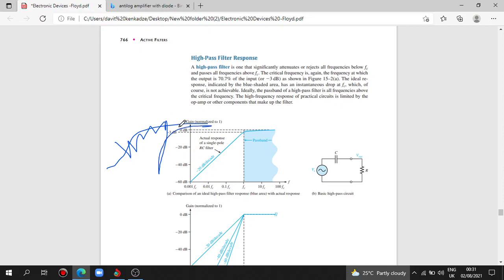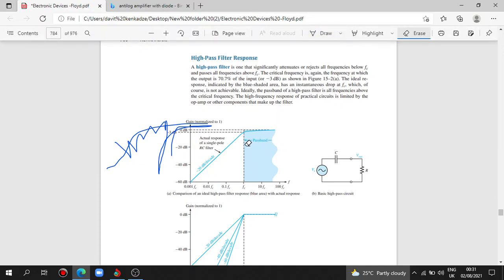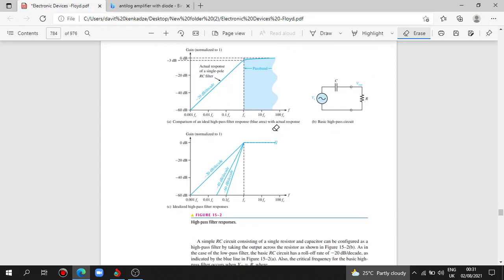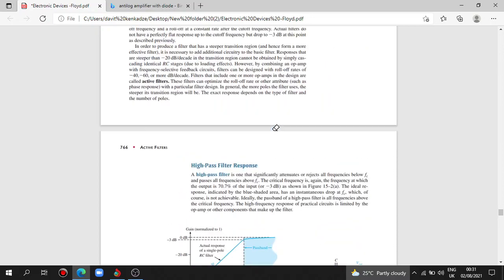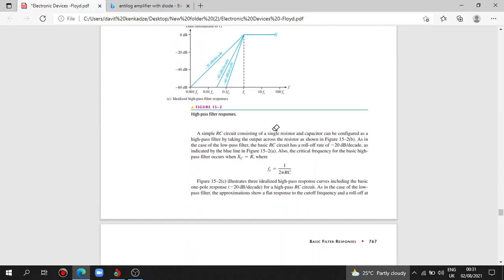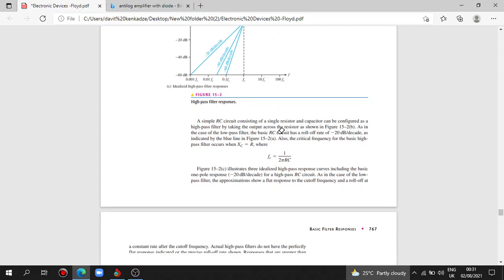It passes only high frequencies, and that's why this graph has this shape. The roll-off is the same as the low pass filter, -20 dB per decade.